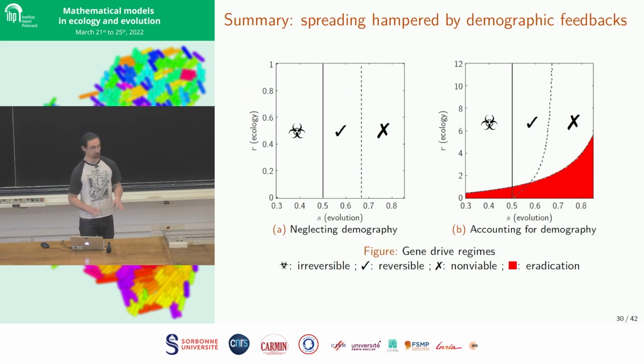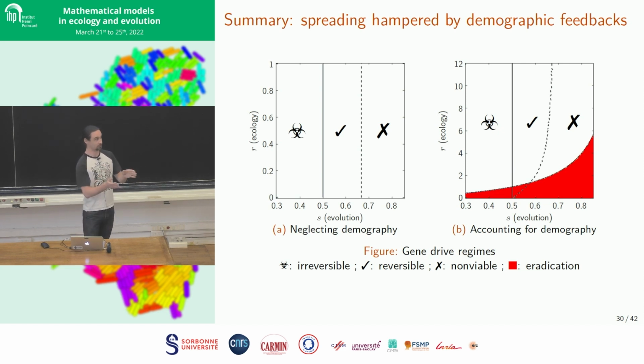So as a summary for this second part, on the left, you have the case of replacement waves where you neglect demography, population dynamics. So on the left of the left figure, you have the irreversible drive that you want to avoid. On the right of the left figure, you have the non-viable drive that have no interest.